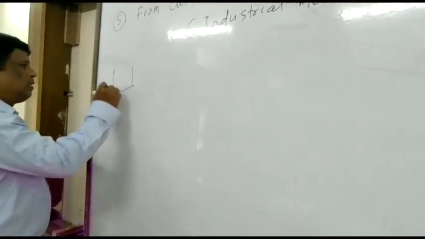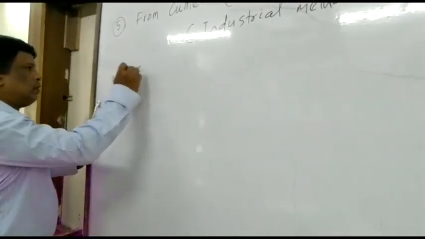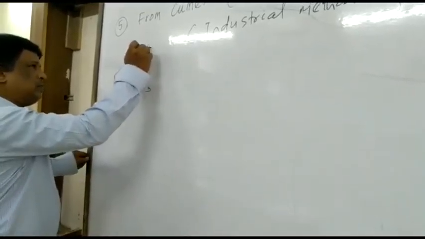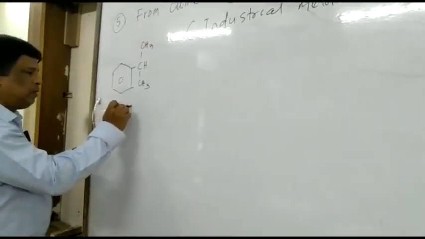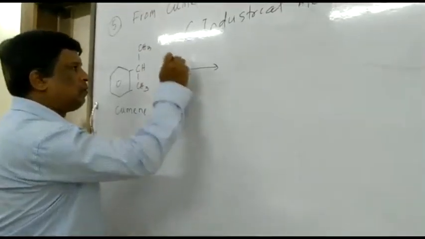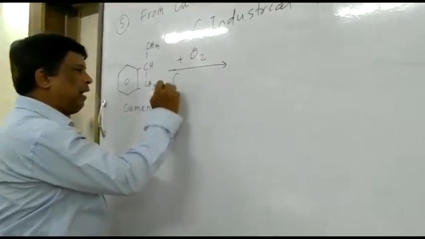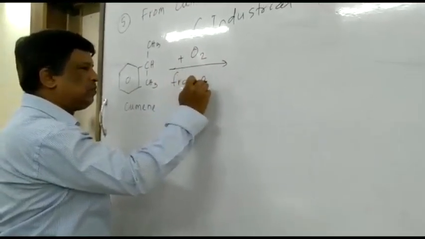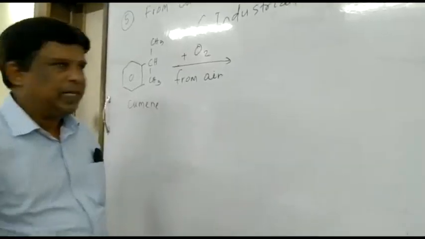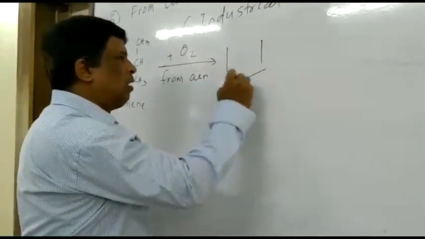Cumene, that is isopropyl benzene, undergoes oxidation from air. What is formed?